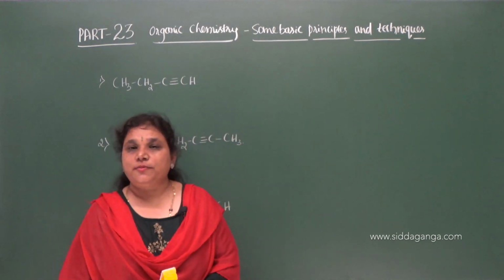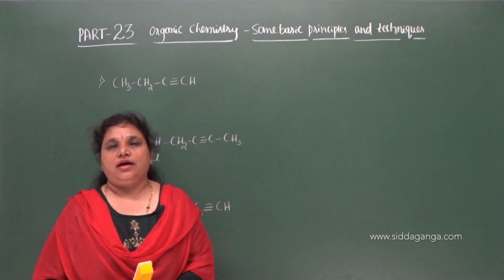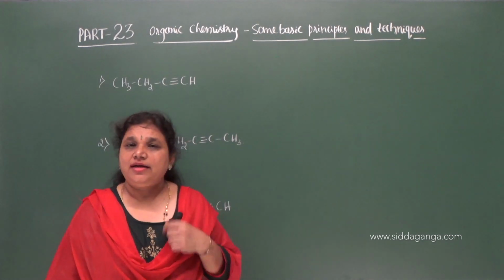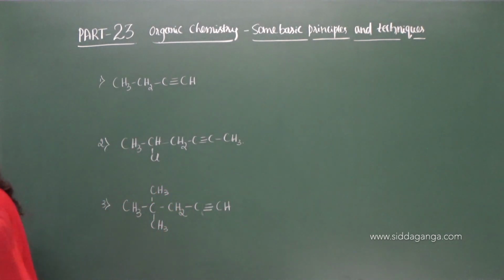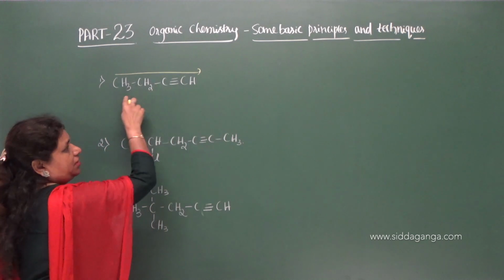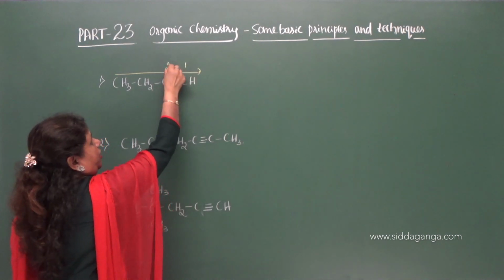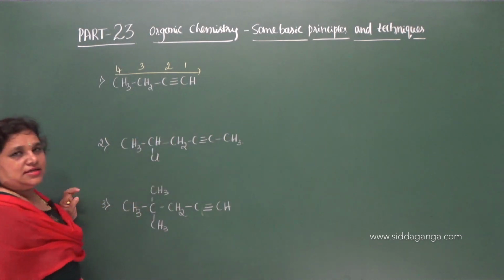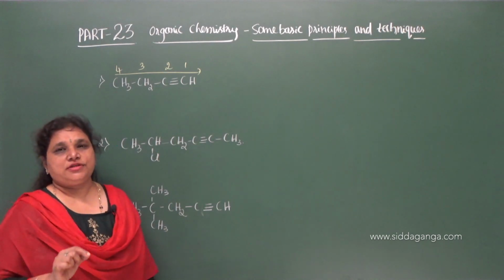By giving the lowest possible number, and also while selecting the longest parent carbon chain, we have to select that carbon chain which contains the multiple bond. So let me select this carbon chain here, and we need to give the number from this end to this end as it contains the multiple bond: 1, 2, 3 and 4. Now between 1 and 2 there is a triple bond, but we need to give the lowest locant to indicate the position of the triple bond.